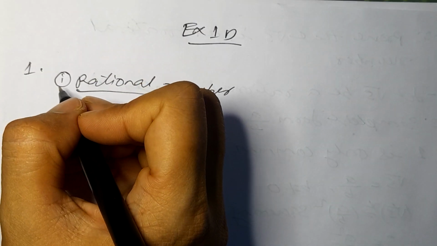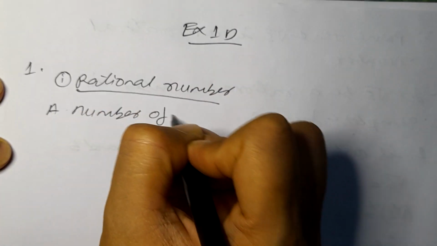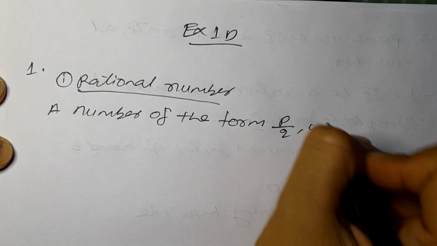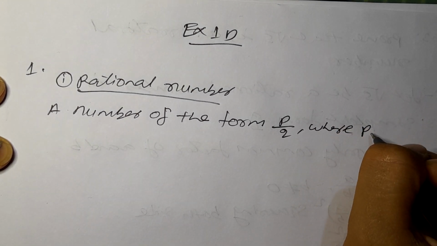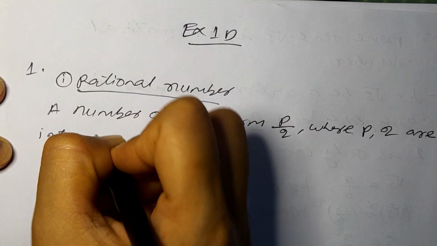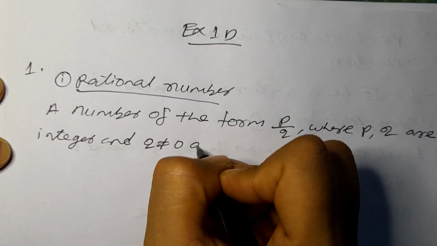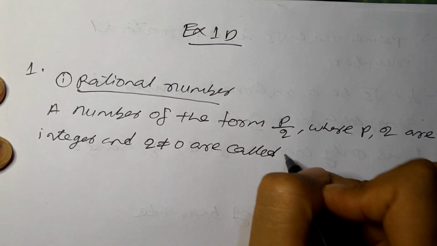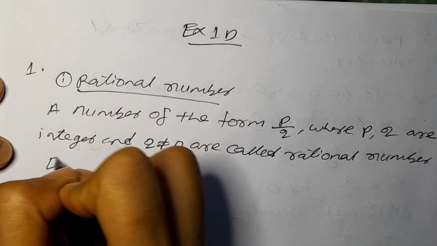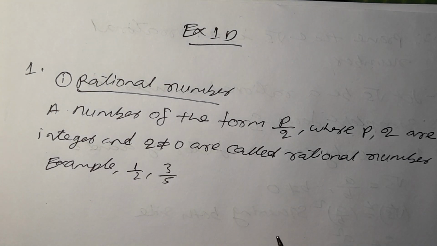So a number of the form p by q, where p and q are integers and q does not equal 0, are called rational numbers. Example, any number you can give as a fraction, 1 by 2, 3 by 5. These are rational numbers.